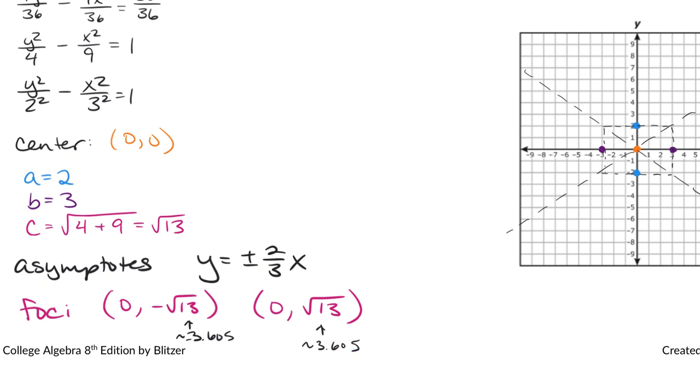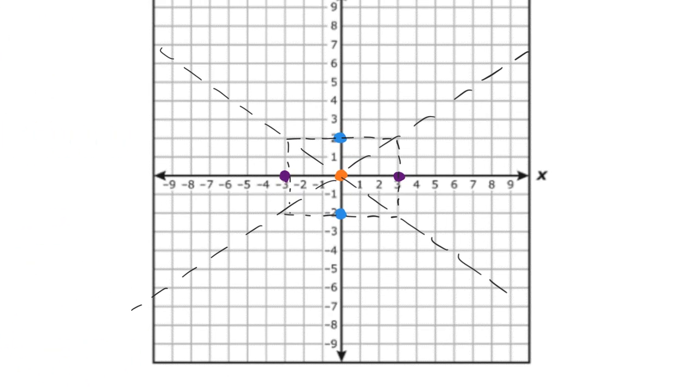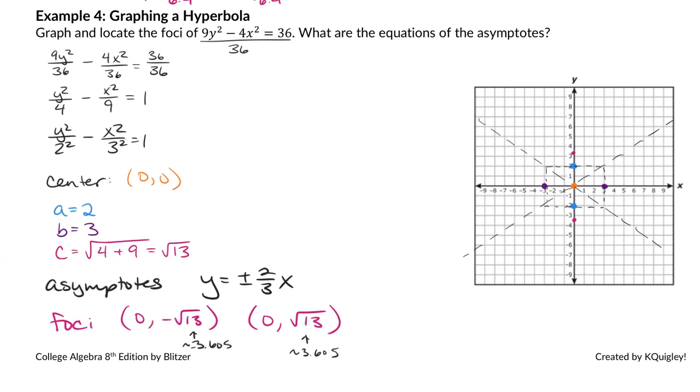So we can plot the foci now at (0, negative 3.605) and (0, 3.605), like here and here. Once you have the foci and you have the asymptotes, remember you have to get close to, but you cannot touch these diagonal slant asymptotes.